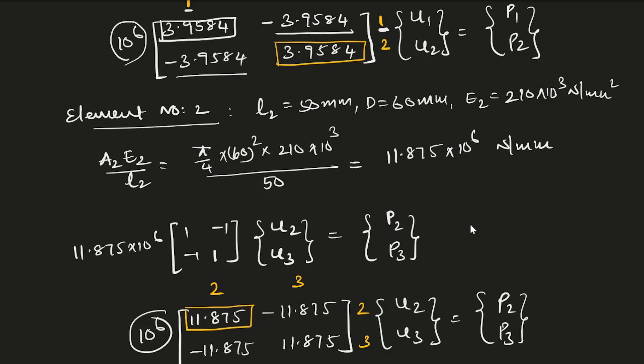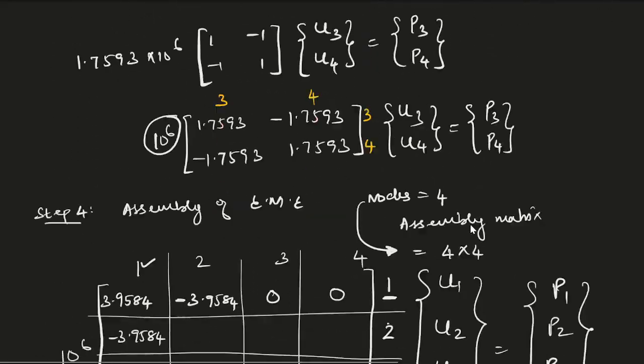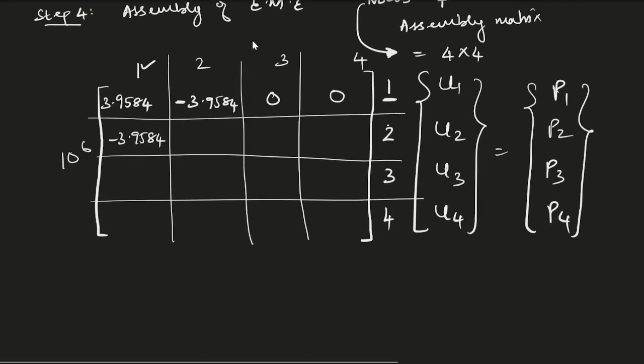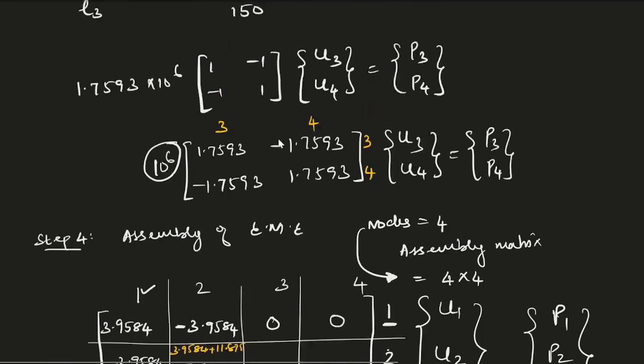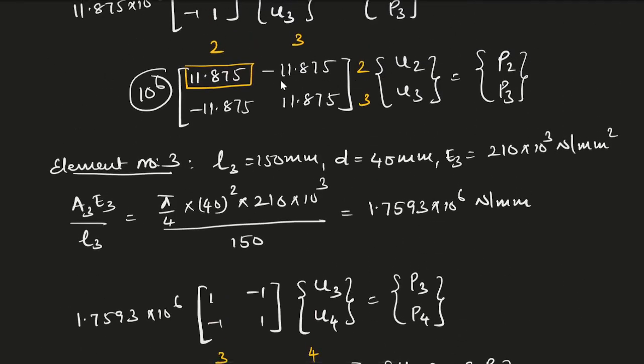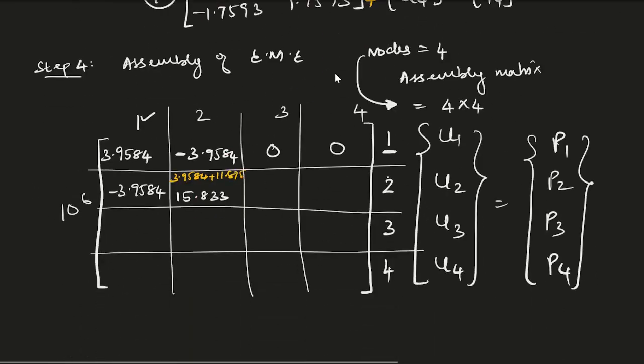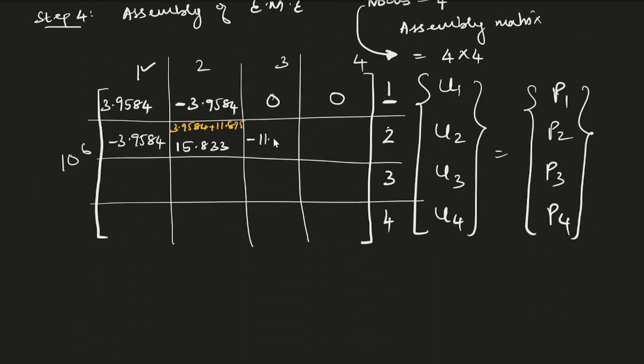We have to add these values: 3.9584 plus 11.875 gives me 15.833. Now 2 comma 3 is minus 11.875. And 2 comma 4, there is no 2 comma 4, so it will become 0.